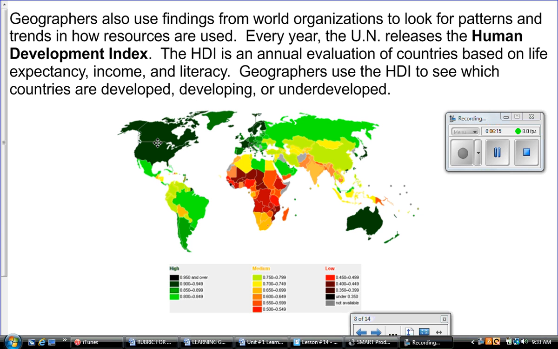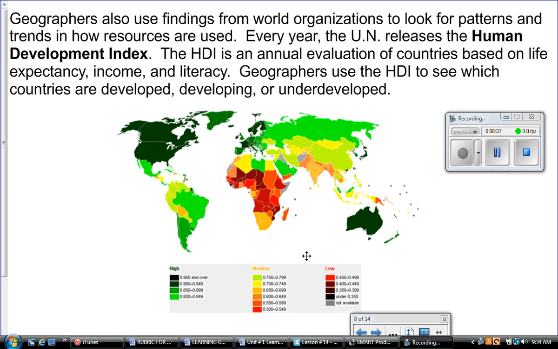Okay, the countries that are in various shades of green have a higher ranking on the Human Development Index. Countries that are in yellow, orange, lighter red, they get a medium score on the HDI.